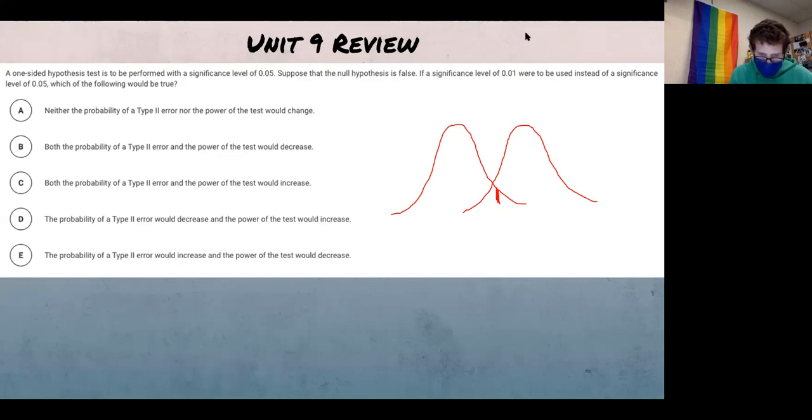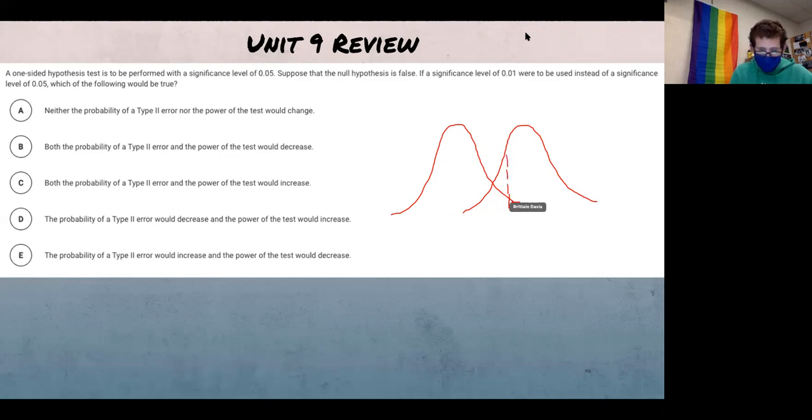All right. Well, if we bump this up to now where it has to be even further, like we're decreasing the significance level. And that means that we have a higher chance of failing to reject the null.